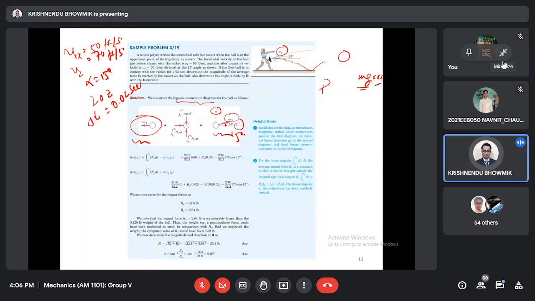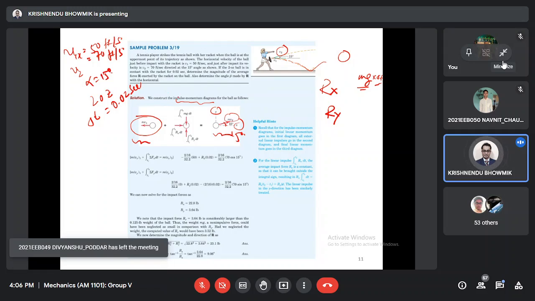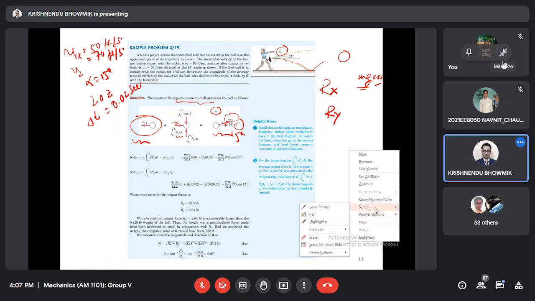So we can have this Rx in the x direction, Ry in the y direction. Here you can notice that this Rx multiplied by dt is in the horizontal direction. It has been shown here. Let me change the color.